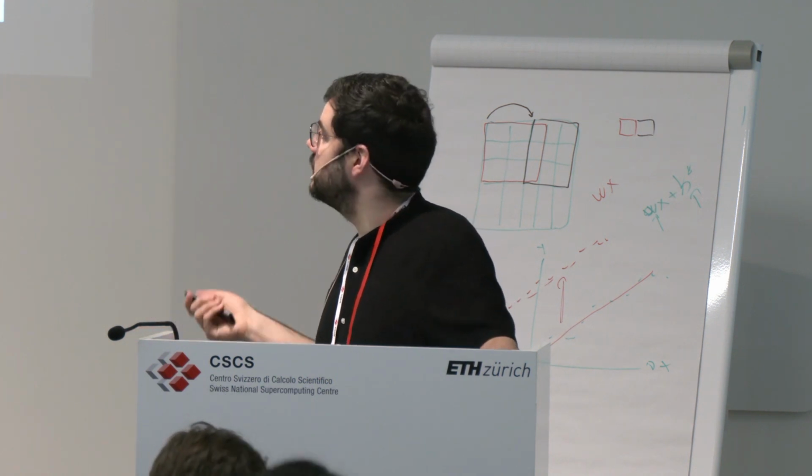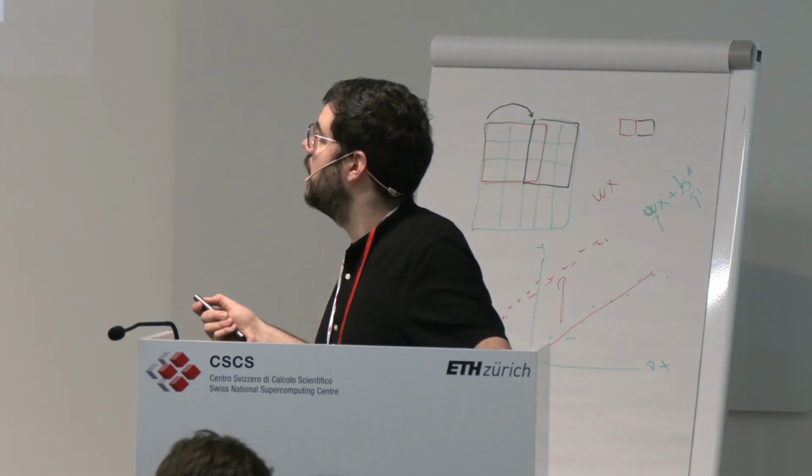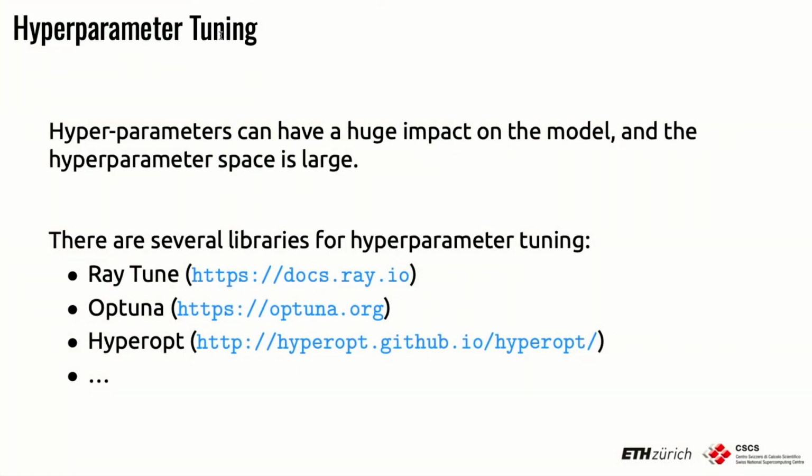But there is a whole field of hyperparameter tuning, so how to automatically or semi-automatically find the best hyperparameters. It's very expensive, because every time you choose a hyperparameter, you need to train the model with that hyperparameter, and the hyperparameter space can be huge.